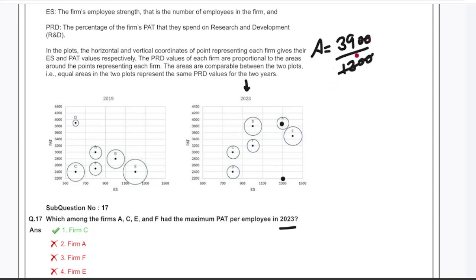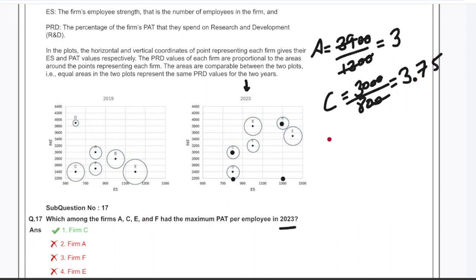So that comes out to be equal to 3. For firm C, this is 3000 by 800. That comes out to be 3.75.